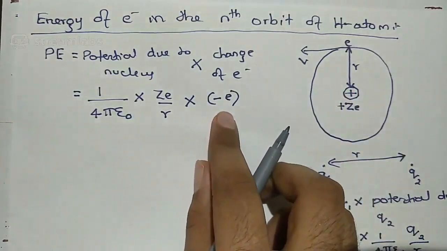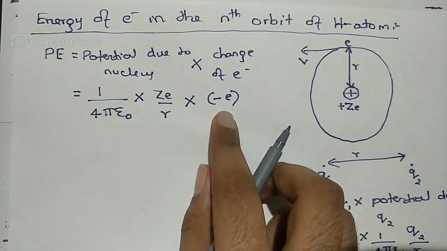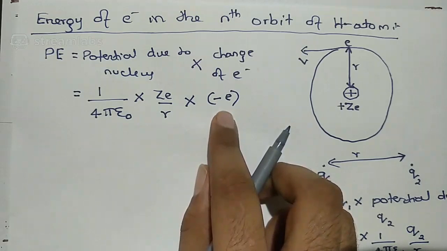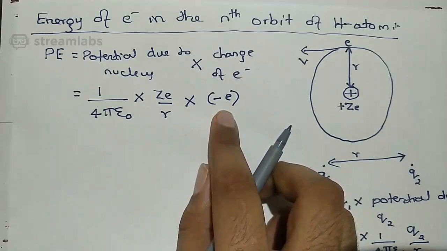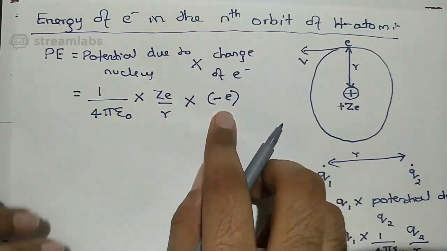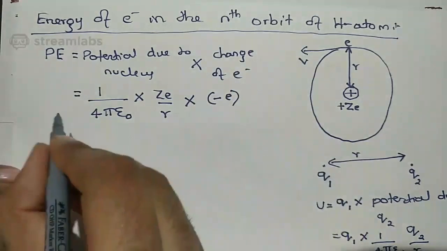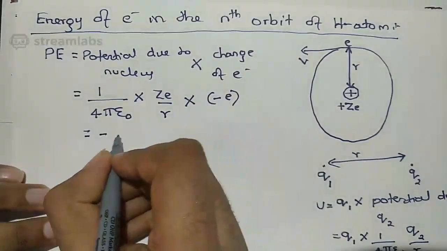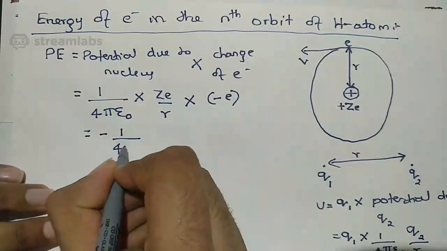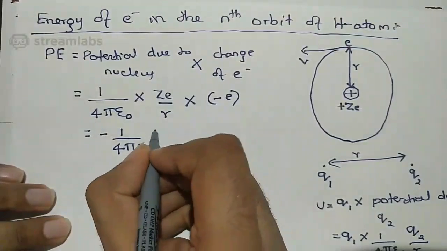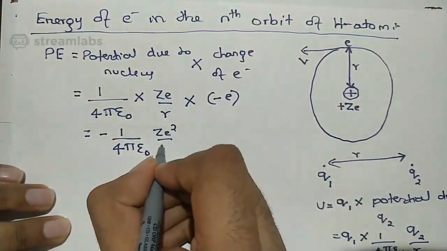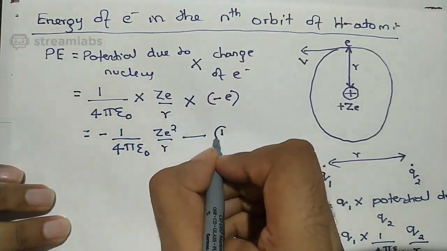Remember, in the case of force, I substituted plus e only, because there you concentrate only on the magnitude of the charge. But here we are discussing a scalar quantity, so if the charge is negative, you have to substitute minus e. So the potential energy is minus 1 by 4 pi epsilon naught Ze square by R. Let it be equation number 1.